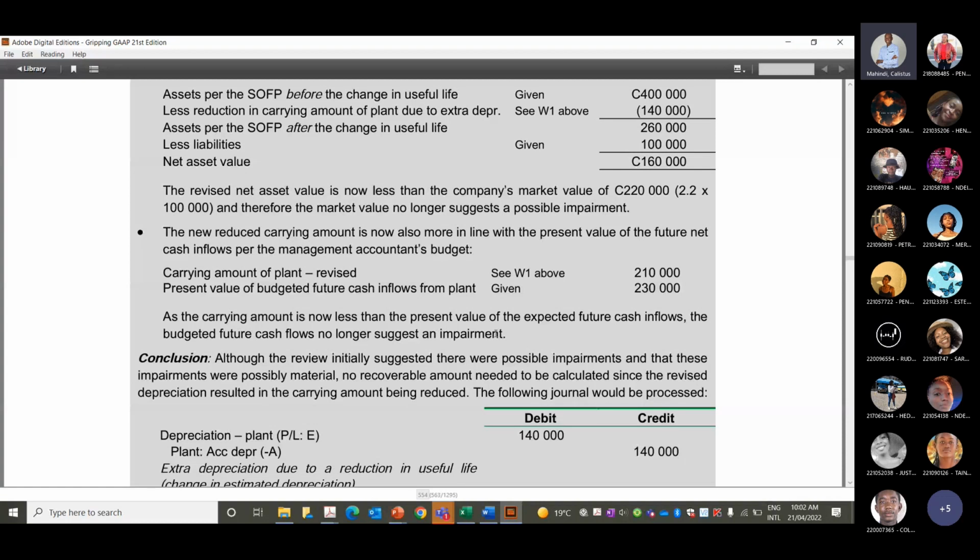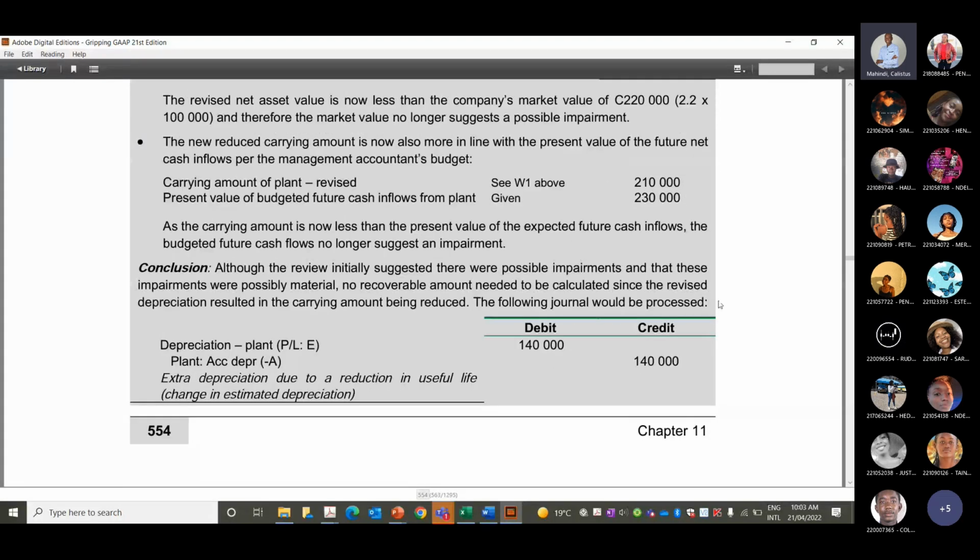All right, so we reduced the new carrying amount because of the revised depreciation. So you would have had to pass a journal entry to account for the revised depreciation.